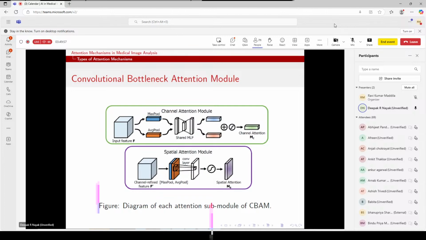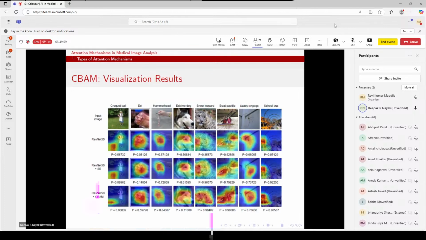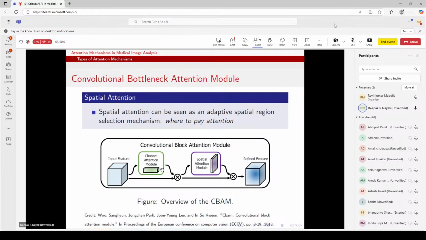So another possibility could be connecting these attention mechanisms in a parallel manner. What does it mean? You will apply a channel attention on the same input. You will also apply the spatial attention over the same input, and then you will combine the feature maps which you have got from the two different blocks, like from the channel attention block and the spatial attention block.